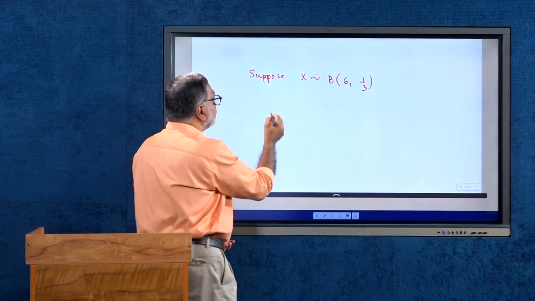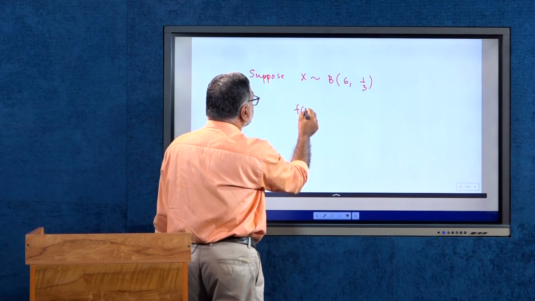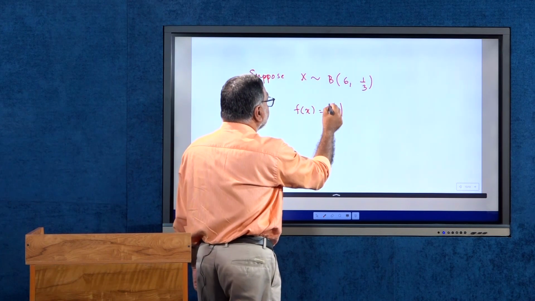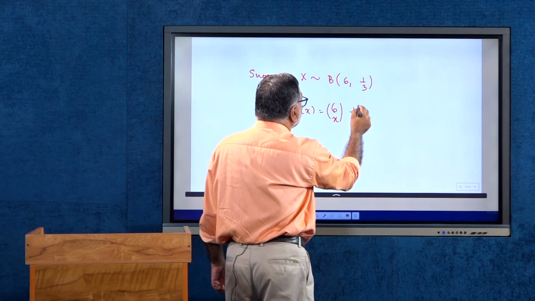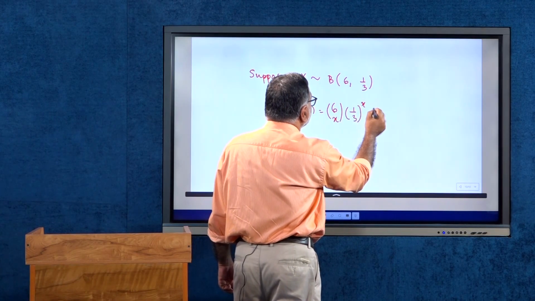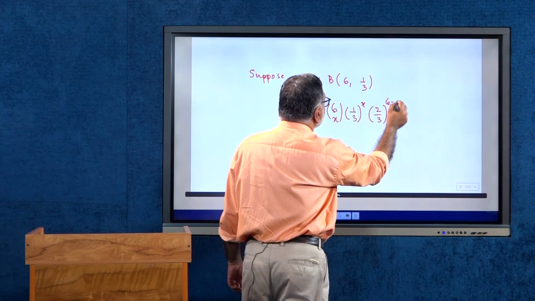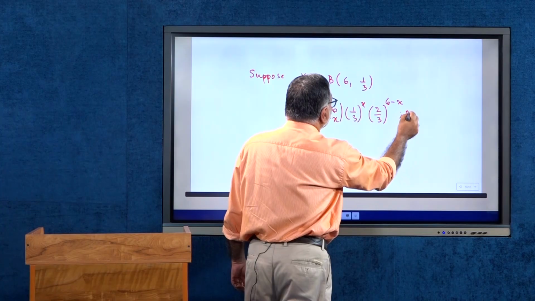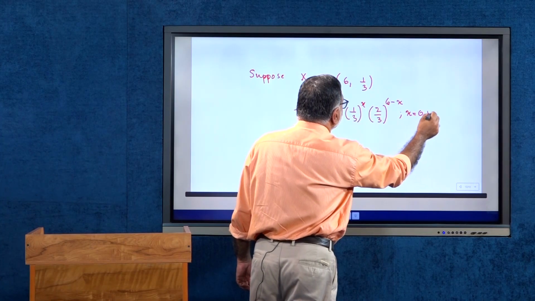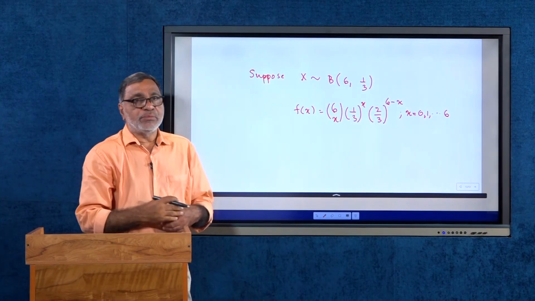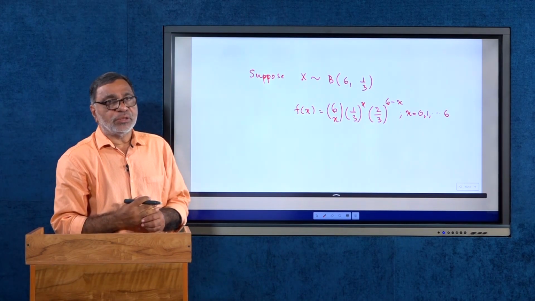Then we have f of x as 6Cx 1 by 3 power x and 2 by 3 power 6 minus x, where x is equal to 0, 1, 2 up to 6. So, this is the probability mass function for this particular random variable.